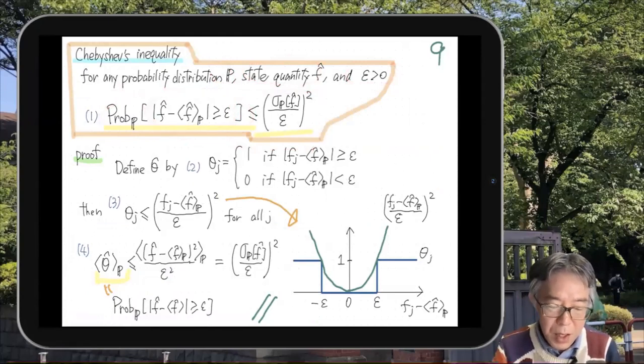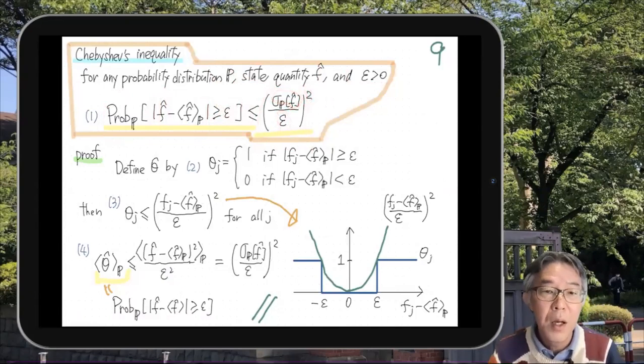This event says that the difference between the measurement results of f and the expectation value of f is greater than or equal to epsilon. And this probability is bounded from above by the variance divided by epsilon squared. Okay. Here's the proof.